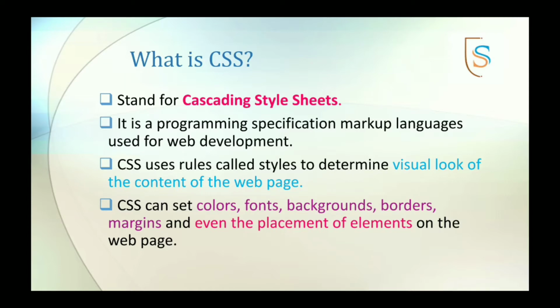It means we use CSS for formatting purposes. CSS can set colors, fonts, background, borders, margins and even the placement of the elements on the web page. Generally we use CSS to enhance the visual look of our HTML page or our web content.